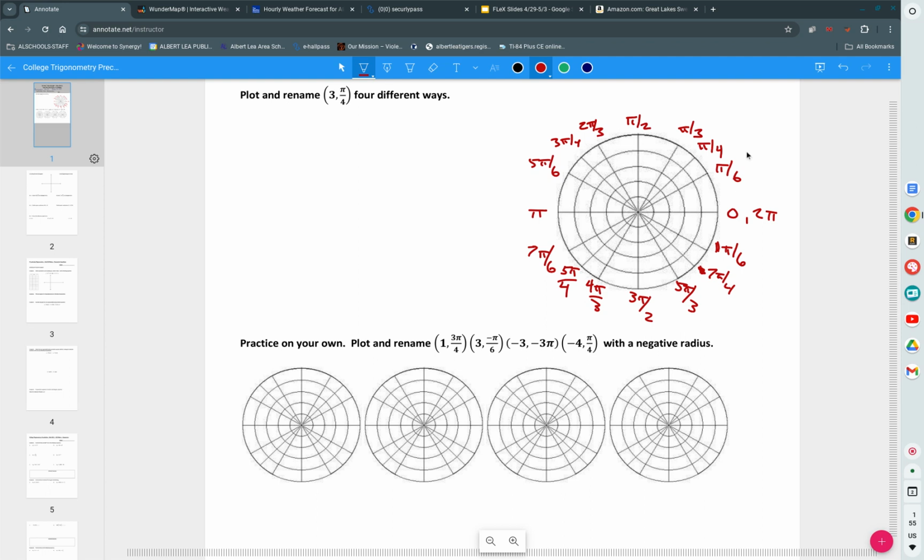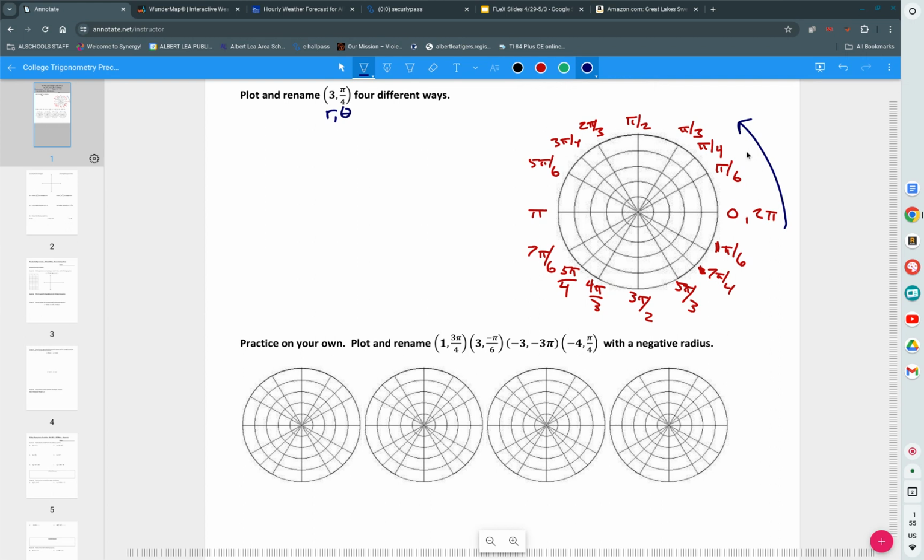Okay, so what we would like to do is plot the point 3, 3 pi over 4. This is our r value, this is our theta value. Now, your mind will automatically go to the r value right away. Please refrain. Please go to the theta value first every time. That will help you out. So how I plot this is I rotate 3 pi over 4 units.